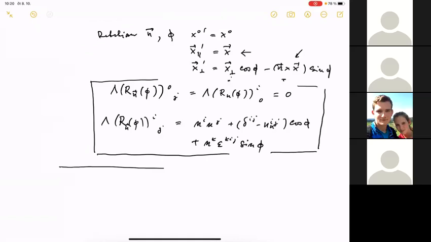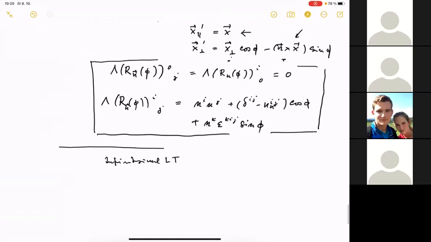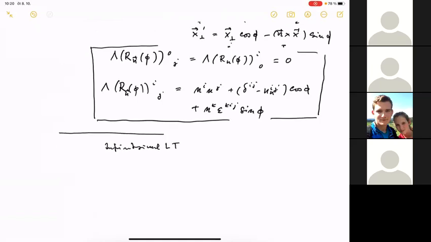Mainly, the generators correspond to the linear terms in the Taylor expansion of the group near the unity. So we will now be interested in so-called infinitesimal Lorentz transformations.